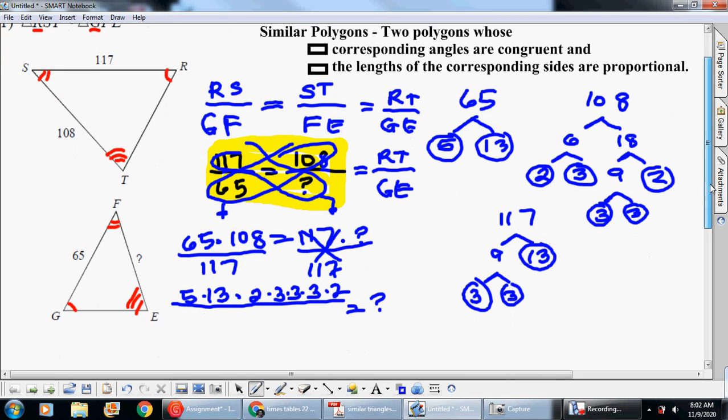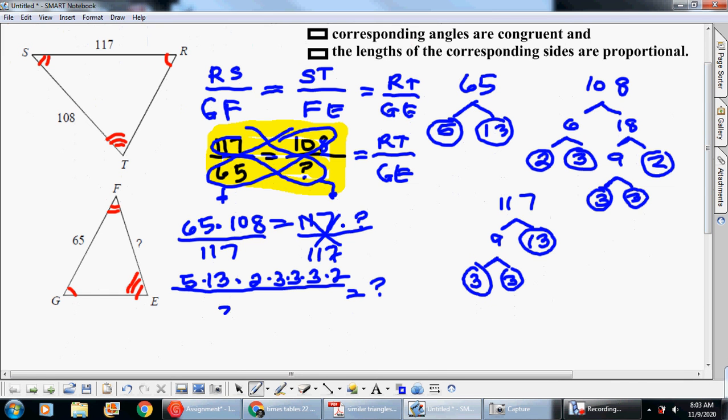Now factors of 117, we found 3, 3, and 13. Okay, now we have the same value on top and bottom. You can cancel it. I can cancel 3. I can cancel the second 3. I can cancel 13 with 13.